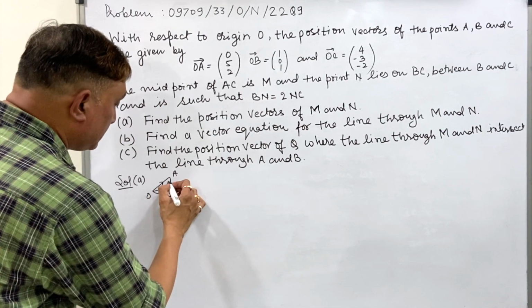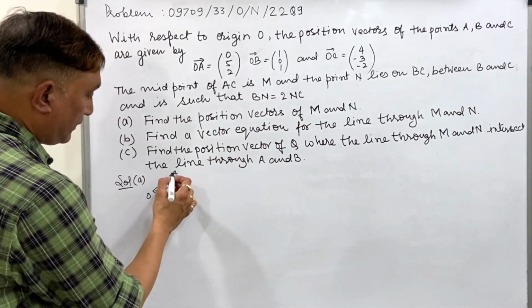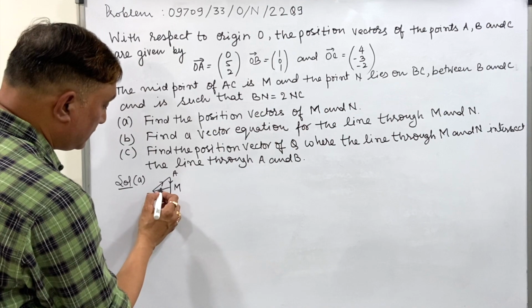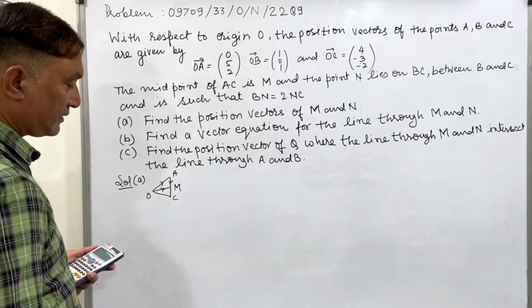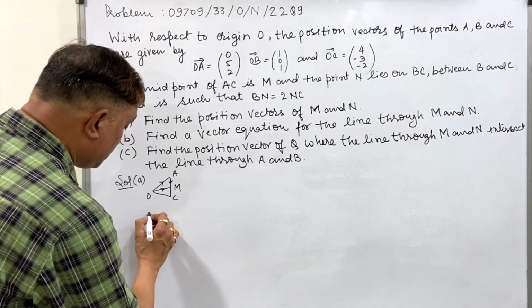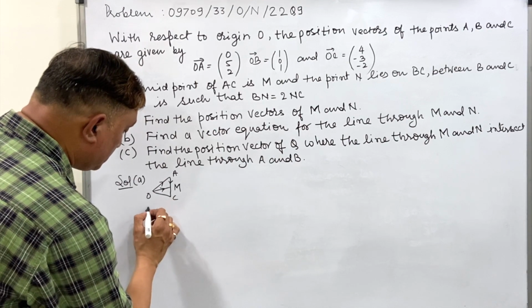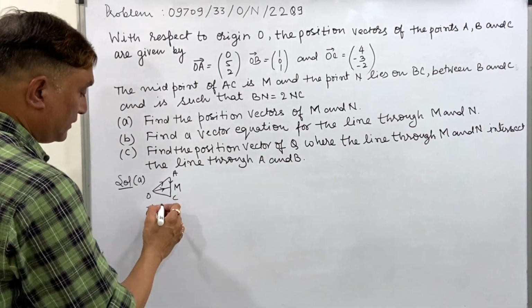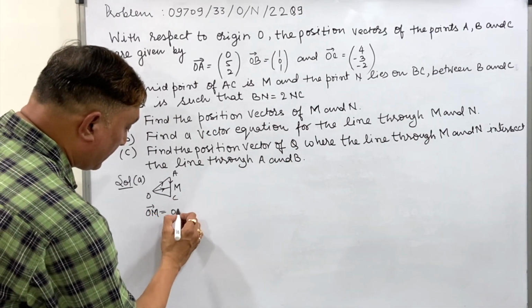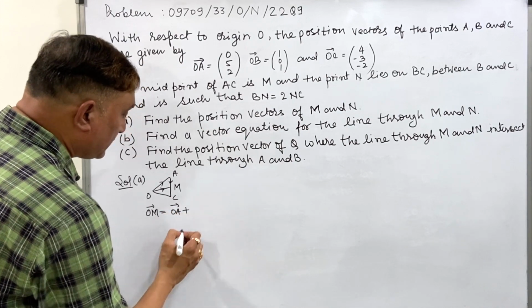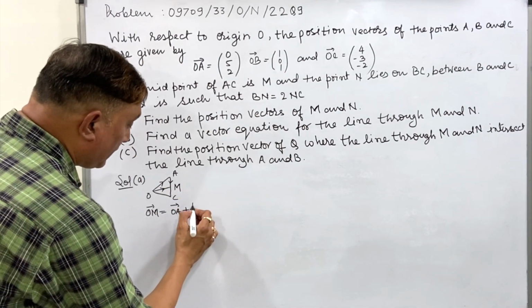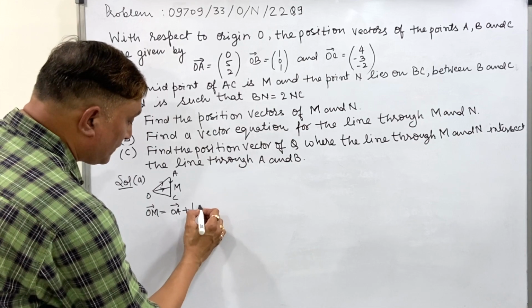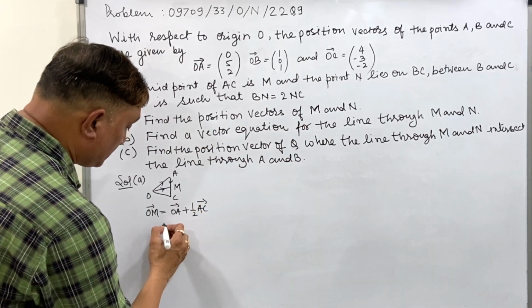OA vector, AM vector, OM vector. We need to find OM vector, which is OA vector plus 1 upon 2 AC vector.